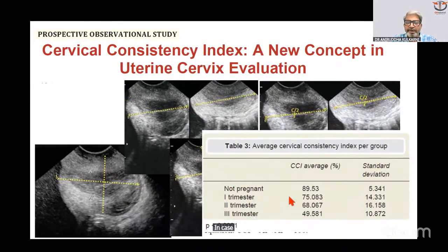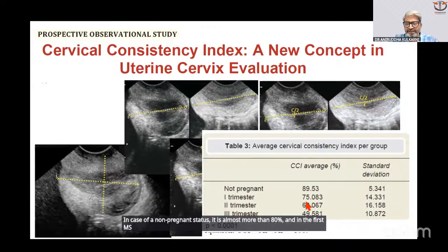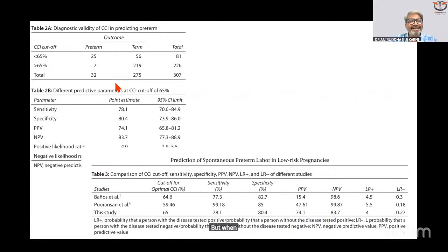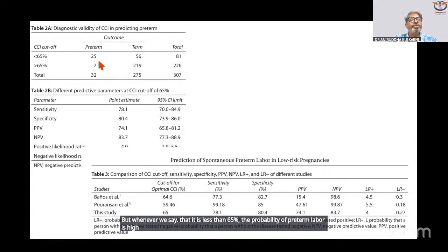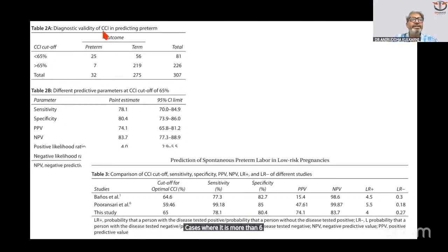In a non-pregnant status, it is almost more than 80%. In the first trimester, it is closer to 75, second trimester 68, third trimester 49. But whenever it is less than 65%, the probability of preterm labor is high, in contrast to cases where it is more than 65%, where preterm labor is only 7.